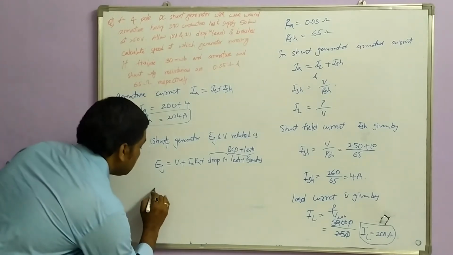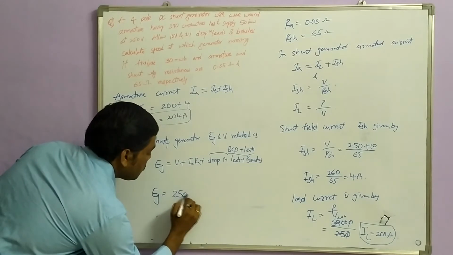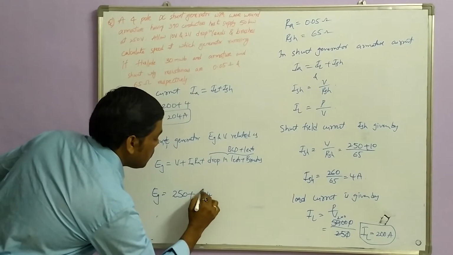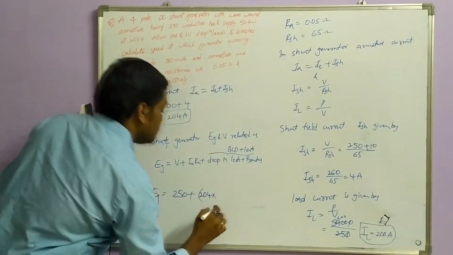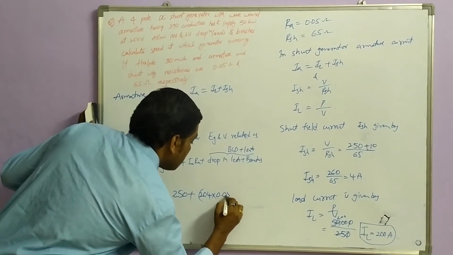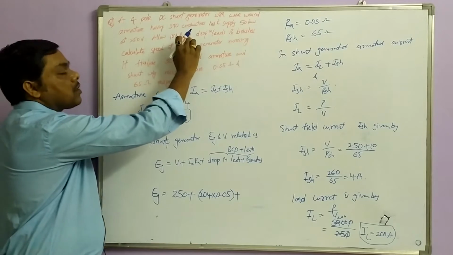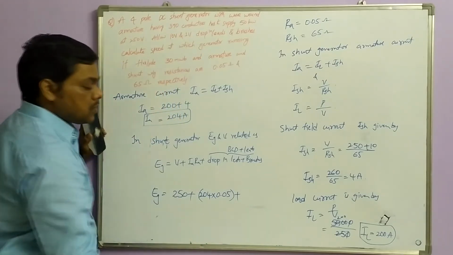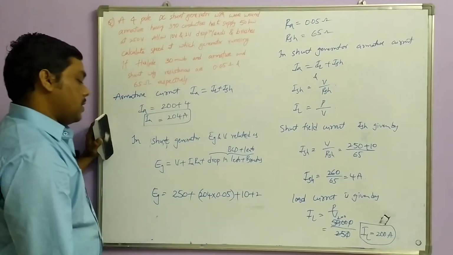Now what is the EG value? EG is equal to load voltage 250 plus armature current 204 multiplied by armature resistance 0.05 plus brush contact drop 2 volts and leads drop 10, so totally 10 plus 2, 12.